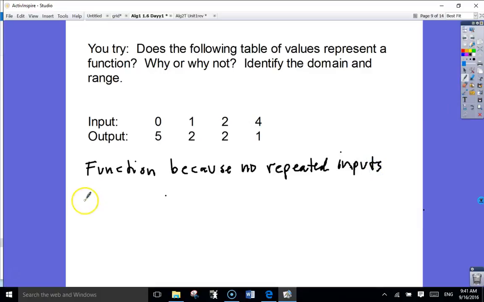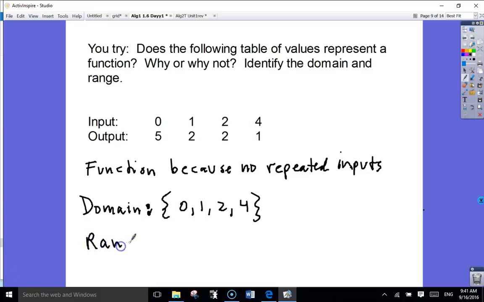And then to write the domain, right? Domain is the set of the inputs. So you've got to write it like this. Curly brackets, 0, 1, 2, 4. Okay? Range. Now, usually when you write the domain and the range, you should put them in order, no repeats.